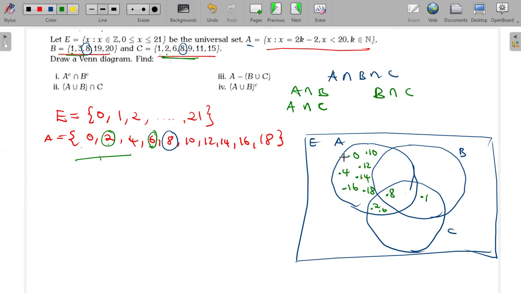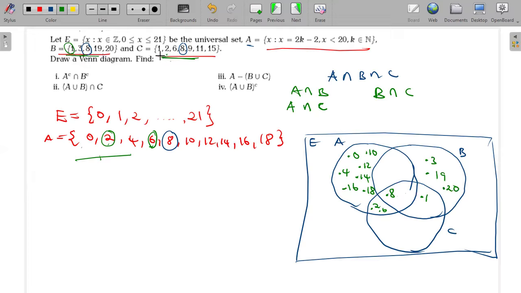And then I now go to what has remained in the set B. So the set B is there. So 1 I have removed, and 8 has been removed. So what has remained? You have 3 there, and you have 19, and you have 20.